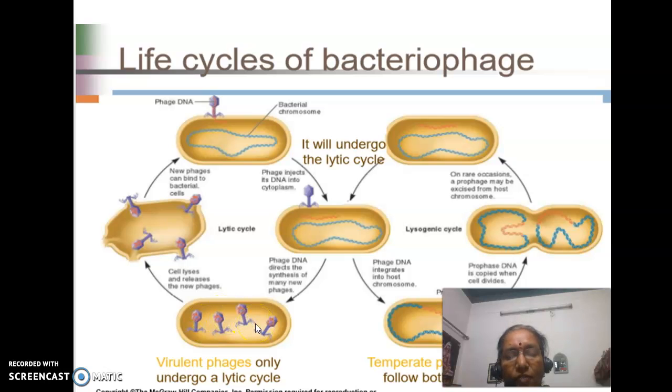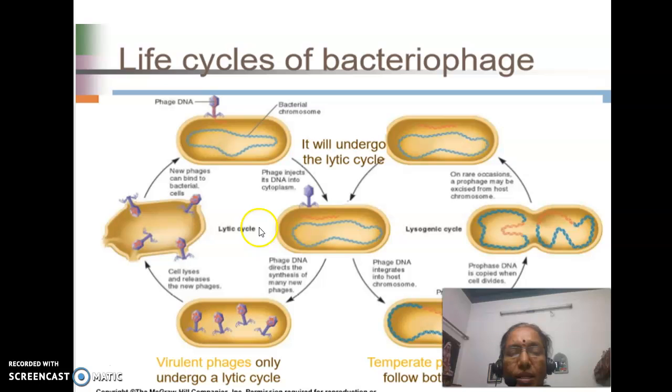Because the number of phage particles is increasing in the host cell, that ruptures or lyses the cell and releases all these new particles. So the first stage is adsorption, the second is penetration, the third is multiplication, and the fourth is cell lysis or rupture, which releases new virion particles, which can again infect and start the cycle. So this is the lytic cycle.